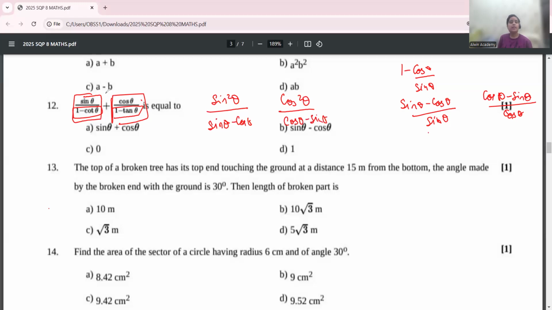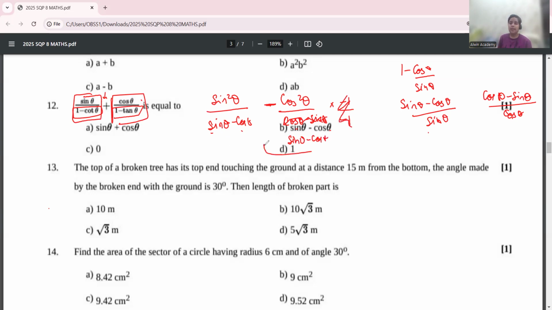Now we are given that these are connected by a plus sign, but I can see sin theta minus cos theta and cos theta minus sin theta. If I multiply the numerator and denominator by a minus, in the denominator I'll get sin theta minus cos theta, which is desirable for me, so I do not have to take LCM. And in the numerator it becomes minus cos square theta. So basically we get sin square theta minus cos square theta over sin theta minus cos theta.